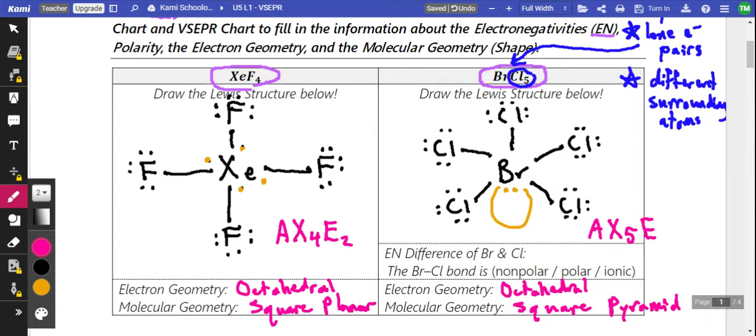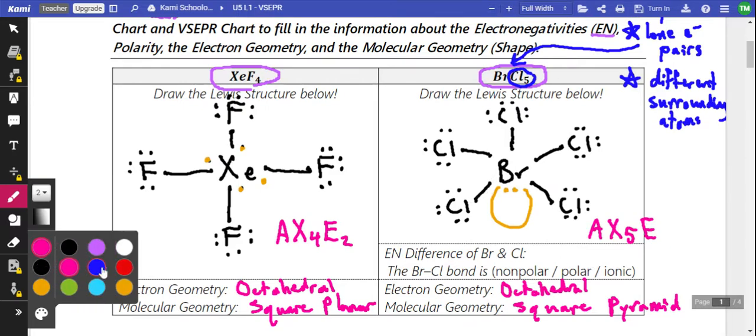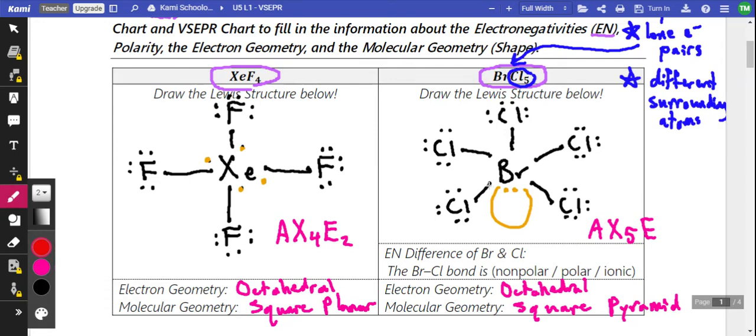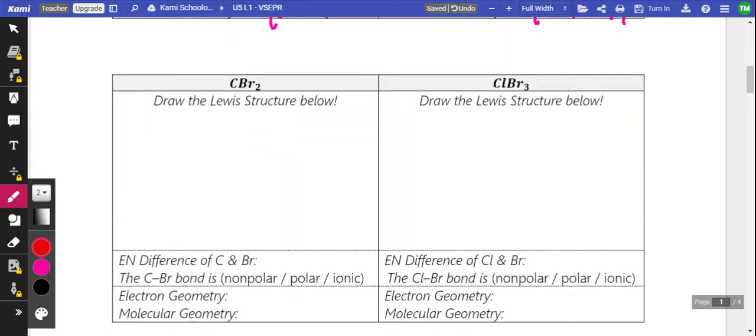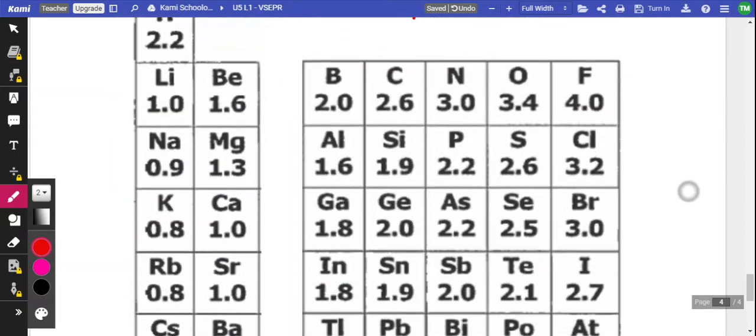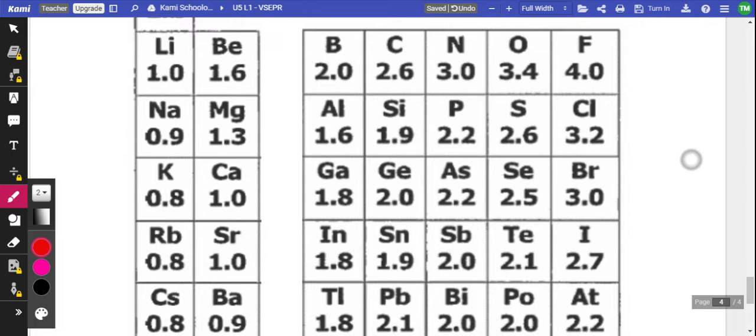Now the other thing we need to do here is figure out the difference in electronegativities between bromine and chlorine, so we can figure out whether this bond between bromine and chlorine is polar or nonpolar. Bromine has an electronegativity of 3.0, and chlorine has an electronegativity of 3.2.